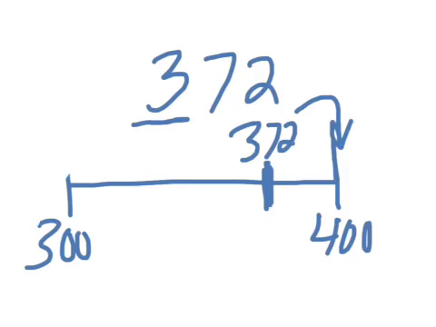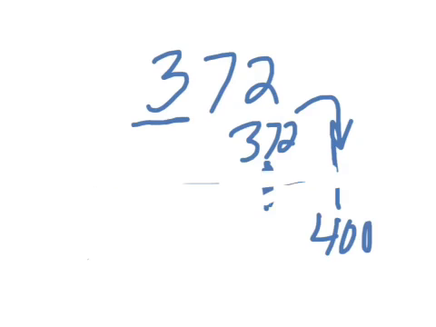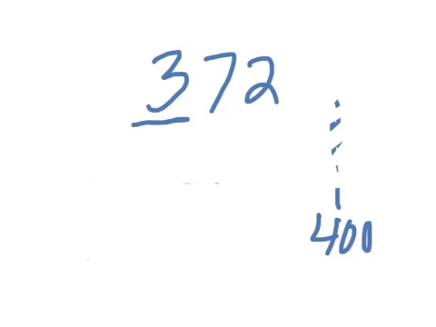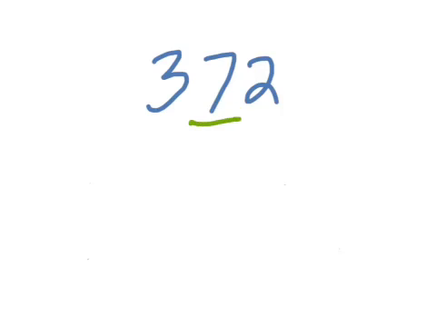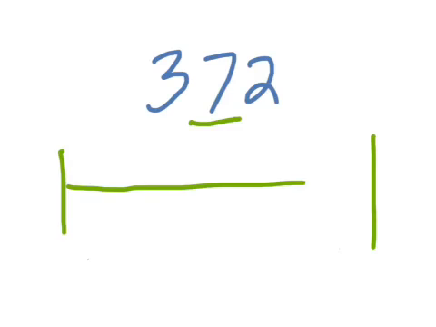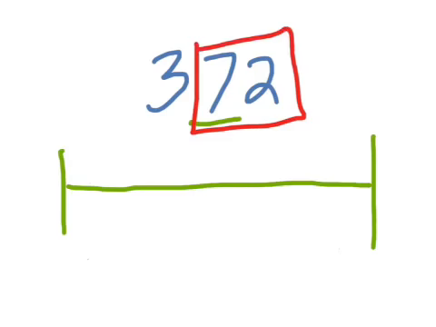However, we also can look at numbers like 372 that are in the hundreds and round to the nearest 10. So right now, we're going to round 372 to the nearest 10 instead of the nearest 100. We talk with our students about it this way: if I just had 72, my two numbers would be 70 and 80.